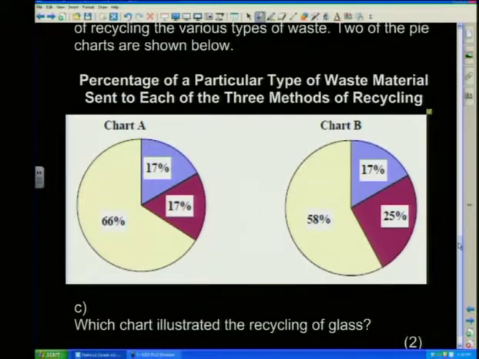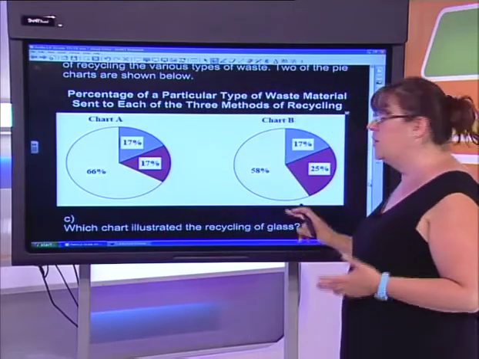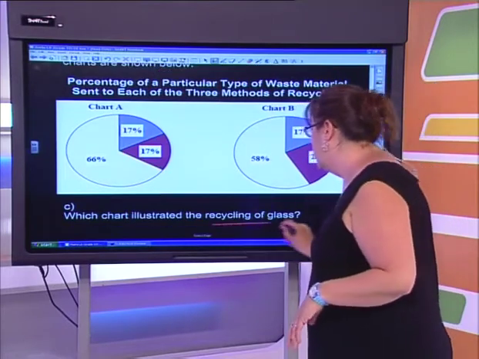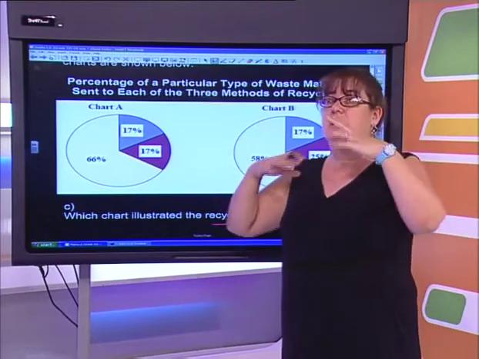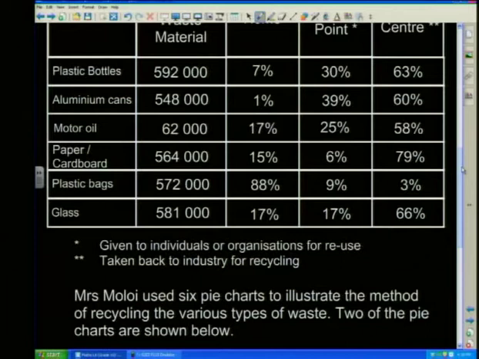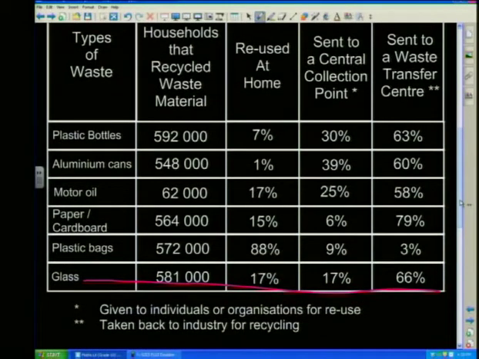Okay, and the question asks us, which chart illustrated the recycling of glass? What we need to do is find glass. We're going to go back up to our table and see where our glass is. There's my glass. And I'm going to see which one of those charts actually represents this information. So I've got 17% reused at home, 17% sent to a central station, and 66% to the waste transfer center.